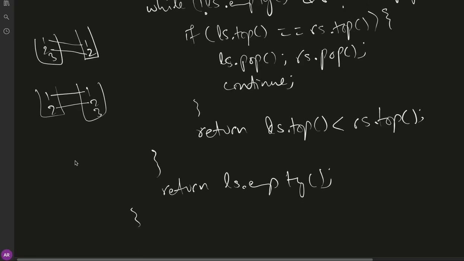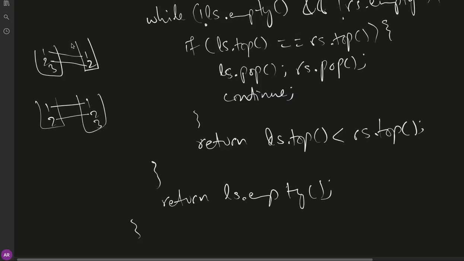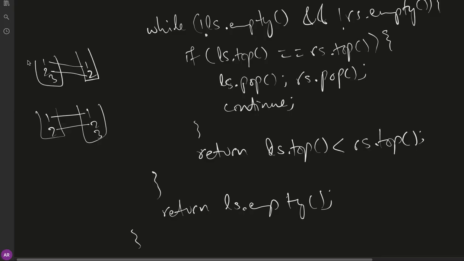When we come out of the loop, left stack dot empty would be true, so we return true. In the earlier example, we compare 1 with 1, 2 with 2. Now the right side has become empty, we come out of the loop, and we check if the left side is empty. The left stack is not empty, so we return false. In this case we should have returned false, and in the other case we should have returned true.